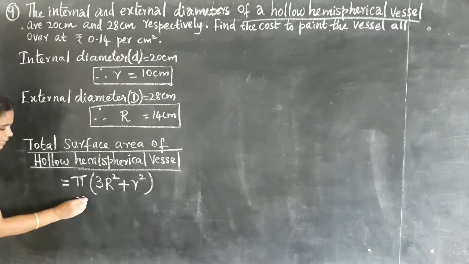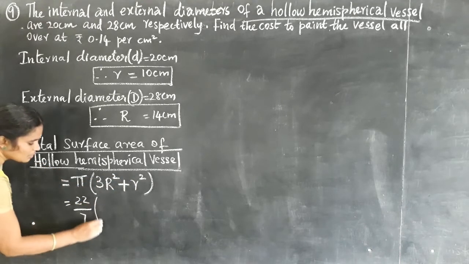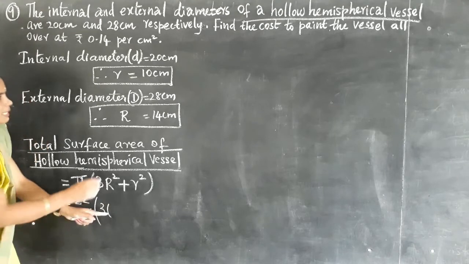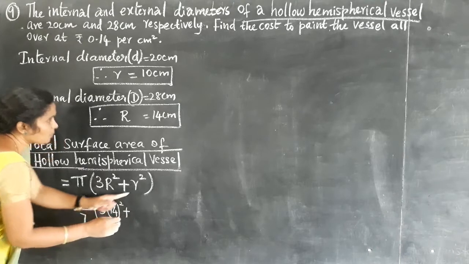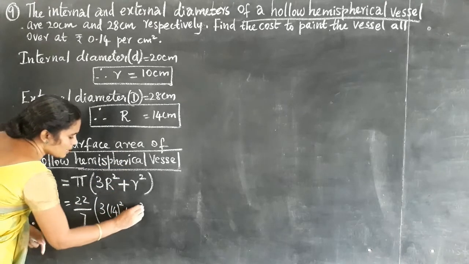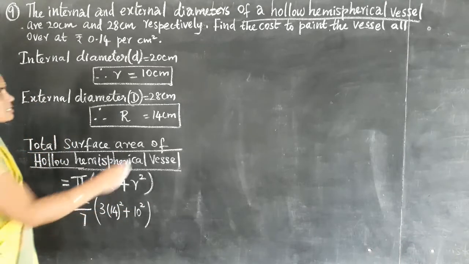Pi is 22 by 7 into 3 within bracket capital R, 14 square, plus small r, 10 square. Okay, the next step.